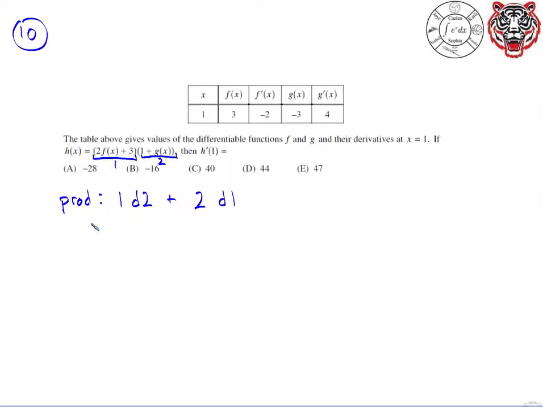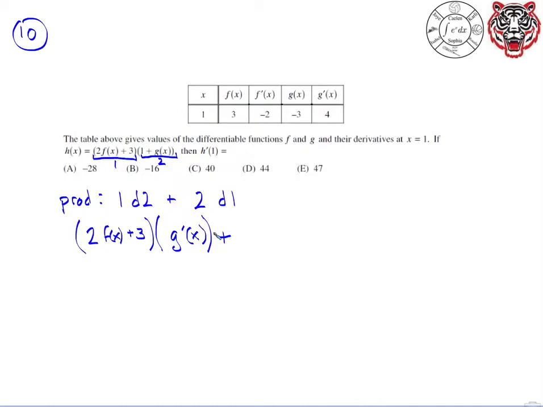All right, so 1 is 2f of x plus 3. Can we plug f of x in though? Not yet. I just want to rewrite the rule. And I'm going to multiply that by d2. What is d2? It would be g prime of x. I'm still following the formula.